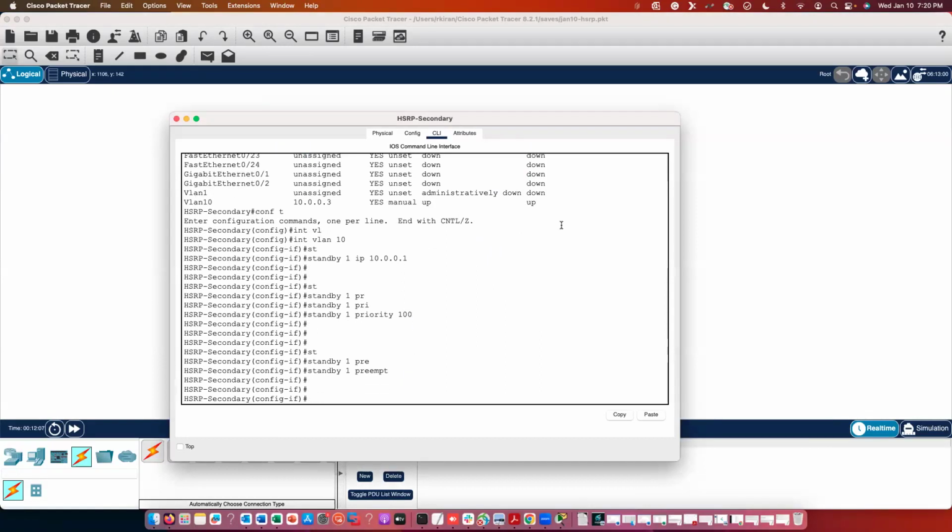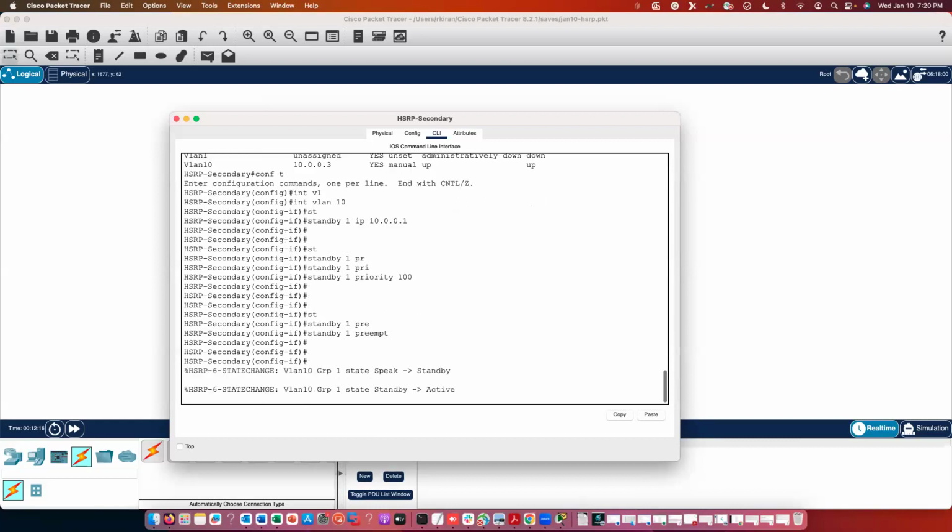What is the concept of preempt, guys? Preempt means if the primary is up and accepting the traffic, and the primary goes down or there is any change in the primary, the traffic should be failed over to the secondary. That is the meaning of preempt. Any questions, guys?